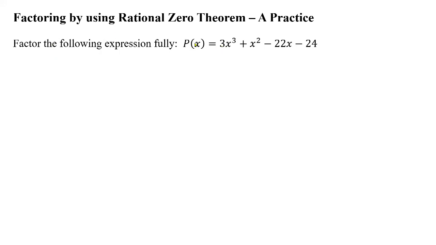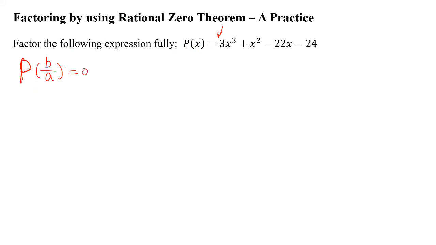So basically, if you want to factor this, we want to find a simple factor first, right? In other words, we note that the leading coefficient here is not 1. So we want to find a number b over a that can make the polynomial be 0, right?